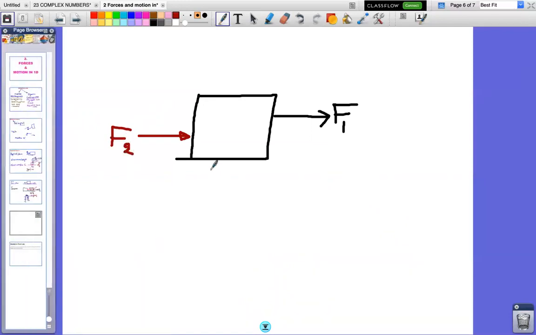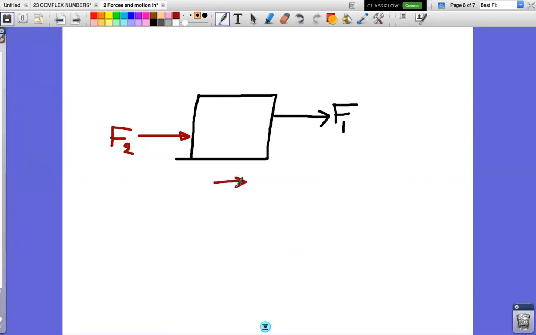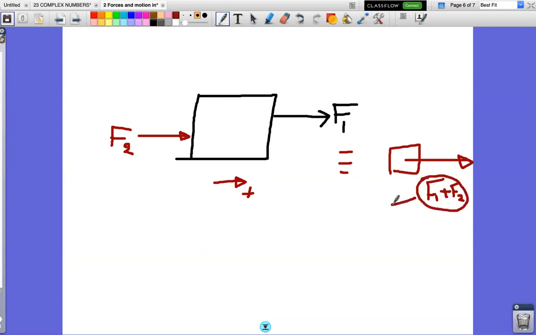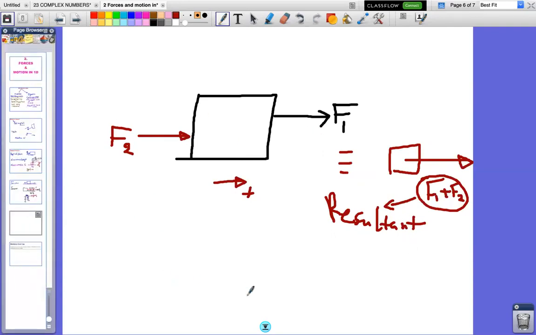Then, because these two forces are acting in the same direction, F1 will be positive. This direction is positive. F2 is also positive. This is the same as you have the object and you have one force. And that one force is F1 plus F2 in that direction. And this force is the resultant. This is the resultant of these two forces. Okay?